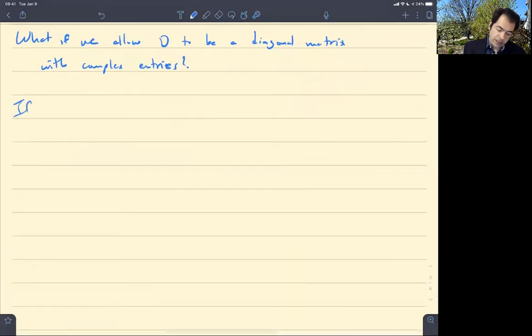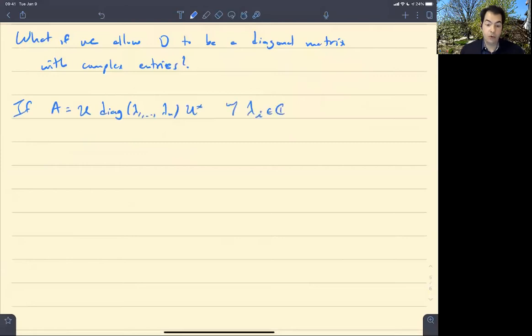Well, notice that if A is U diagonal lambda 1 through lambda n, U star, with lambda i in the complex numbers, then A star would be equal to U, and then the diagonal matrix with the complex conjugate of the eigenvalues we had before in the center.